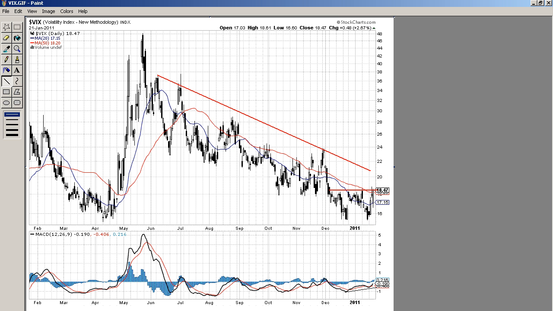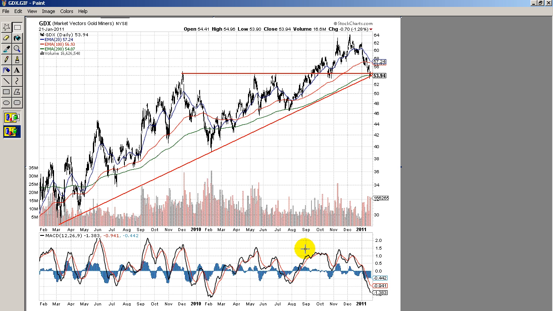And finally, gold stocks. Gold stocks are usually a leading indicator. They usually break earlier before the market, and this time they broke lower. Actually, they topped out in early December 2010 and declined sharply since then.